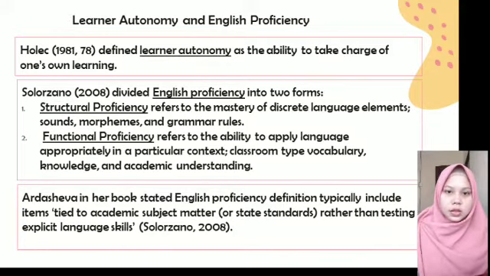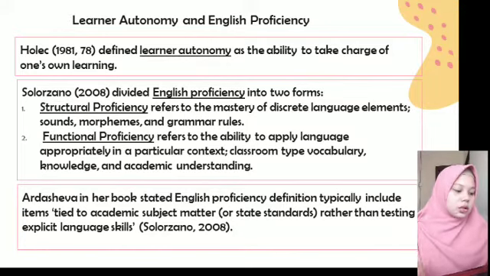And in this research, I, as the researcher, took the definition of English proficiency based on Solorzano that was cited in Andas Heva's book, which states that English proficiency definitions typically include items tied to academic subject matter or state standards rather than testing explicit language skill.